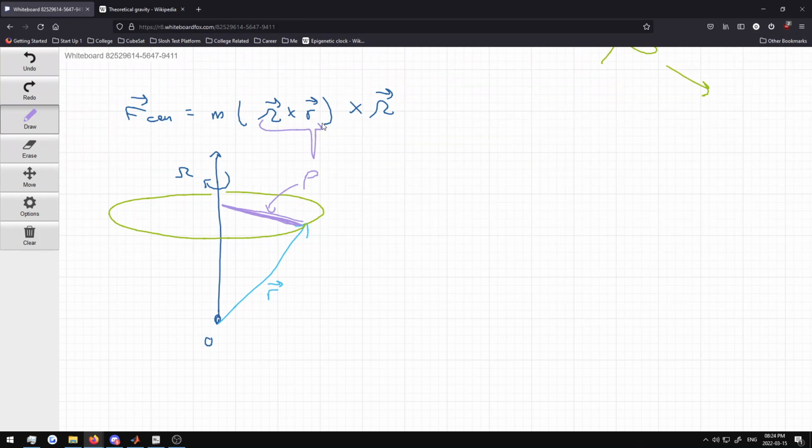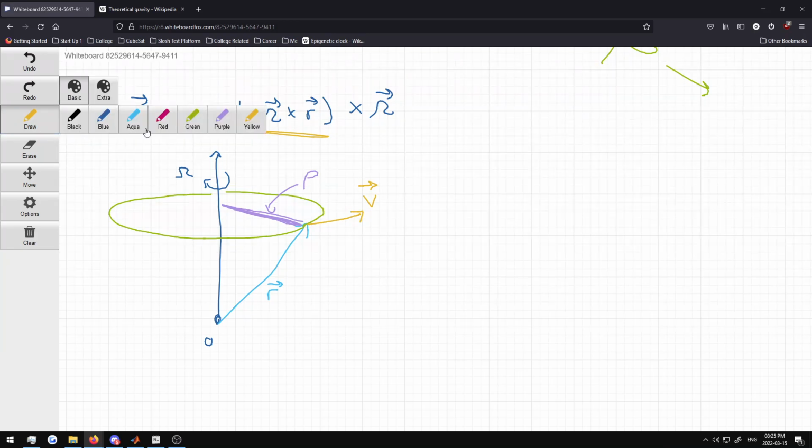And then when you find the cross product, that gives you the outward throw, you could say, and it also gives you the direction. Wait, no, I misspoke. This is rho. What this gives you is your tangential velocity.